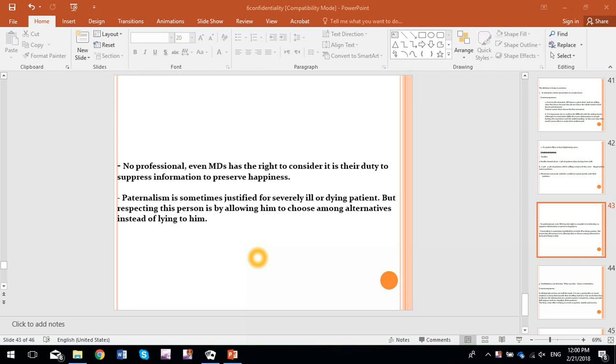Even a dying patient, even a severely ill patient, sometimes justified, like we said before, paternalism with comatose patients under surgery, patients in severe bleeding, in emergency cases, but still respecting this person by allowing him to choose. Most persons, we need to respect them and allow them to choose among alternatives instead of lying to them.